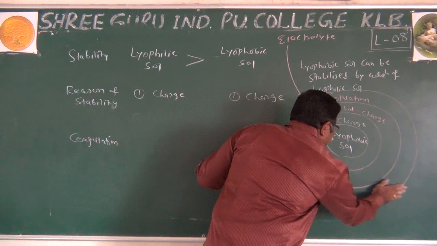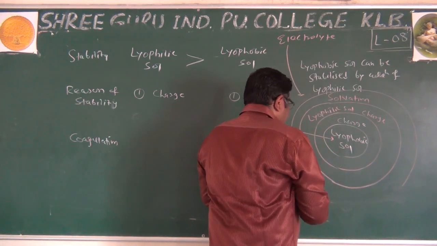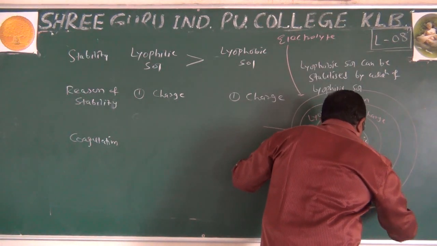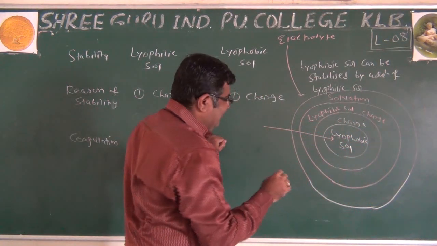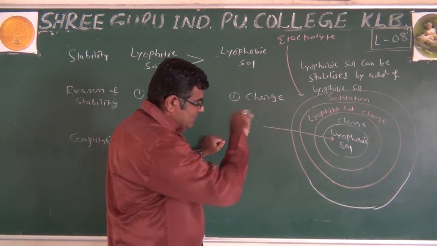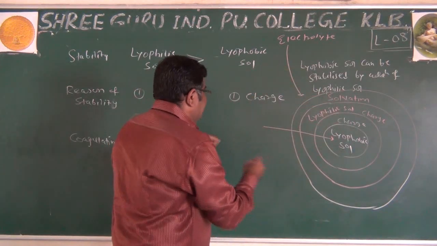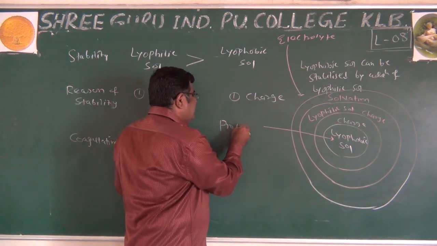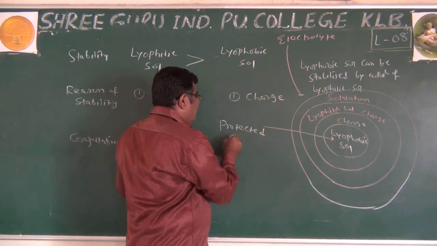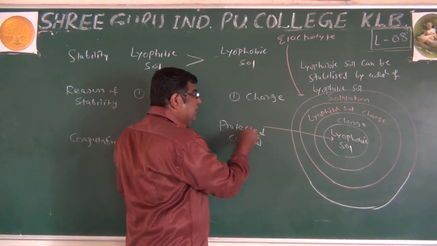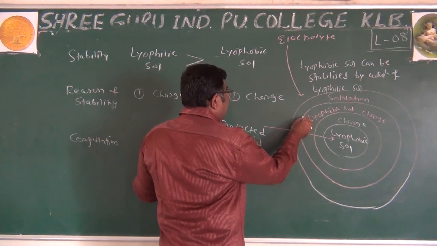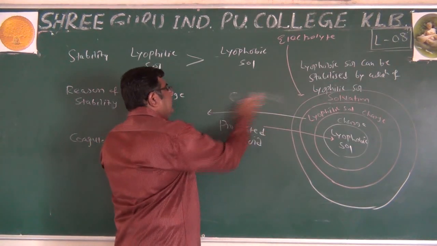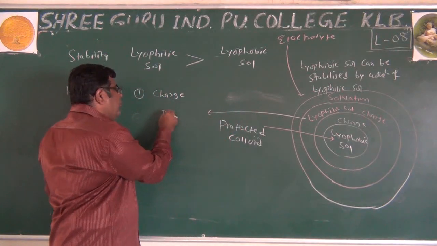I don't know whether these circles are decent, they are not very good, just because they are drawn by hand. They should look like circles, but there are layers on it. So this is the protected colloid because it is to be protected, and this lyophilic sol is the protective colloid.